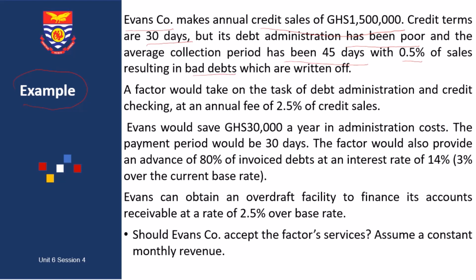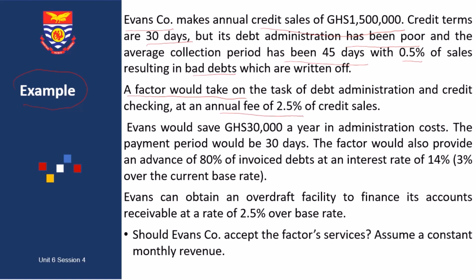So the credit terms was 30 days, but because of poor administration when it comes to the collection of debt, it has been 45 days. And even with the 45 days, it also led to a 0.5% bad debt. All right, so let's continue. A factor will take on the task of debt administration and credit checking at an annual fee of 2.5% of credit sales.